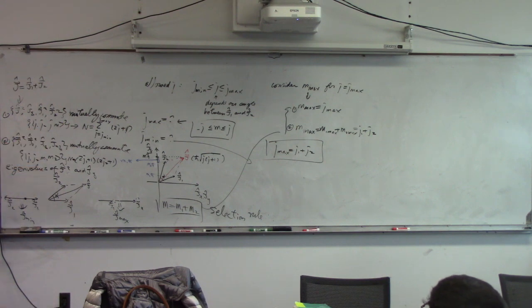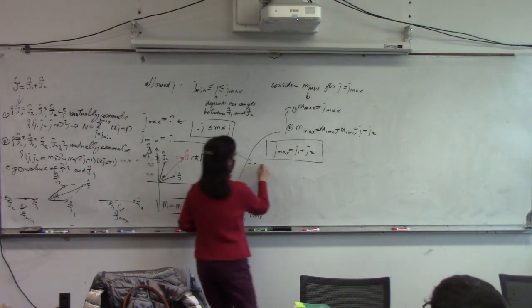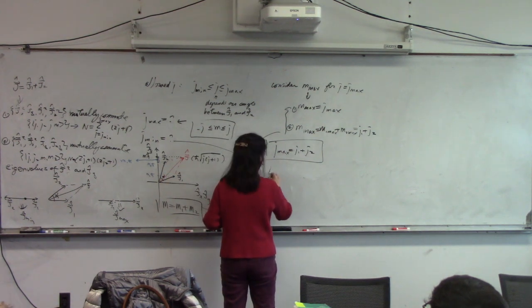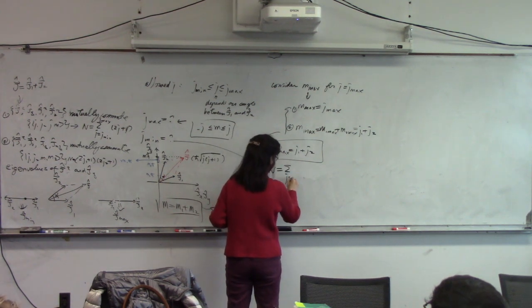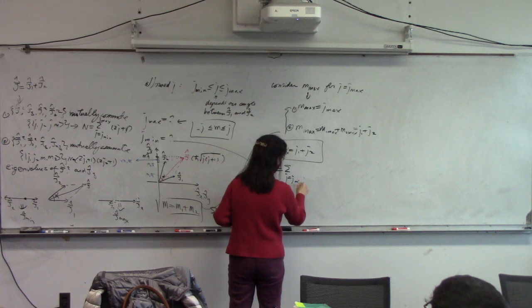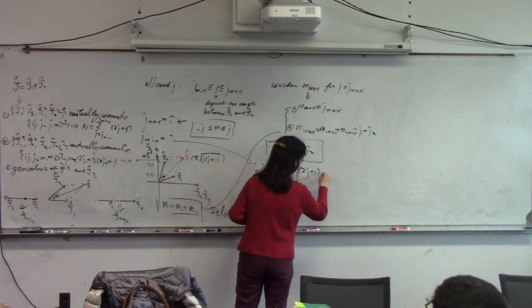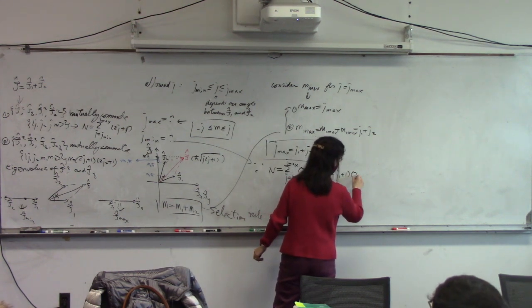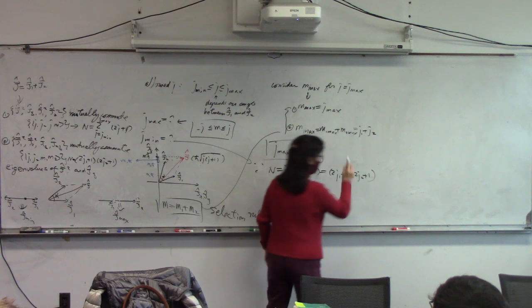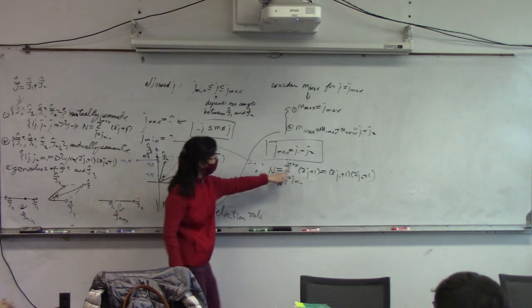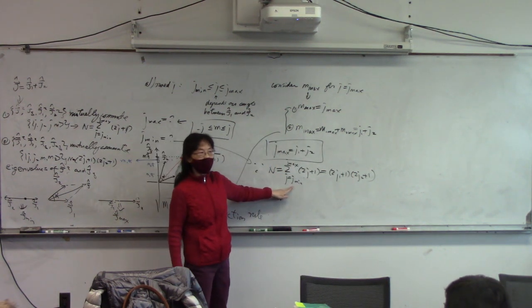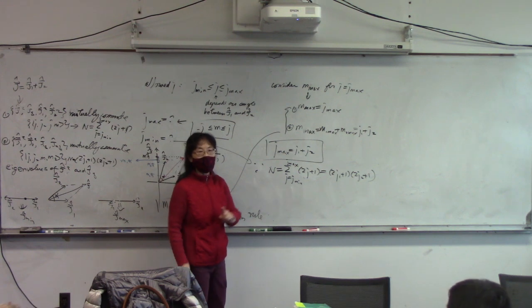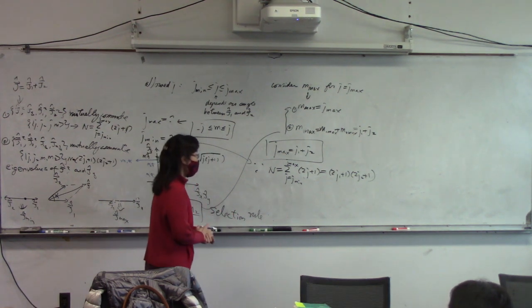So the sum over J from J minimum to J maximum of 2J plus 1 should be equal to 2J1 plus 1 multiplied by 2J2 plus 1. Since we know the maximum, from this equation we can get the minimum. That is the relation we can use.